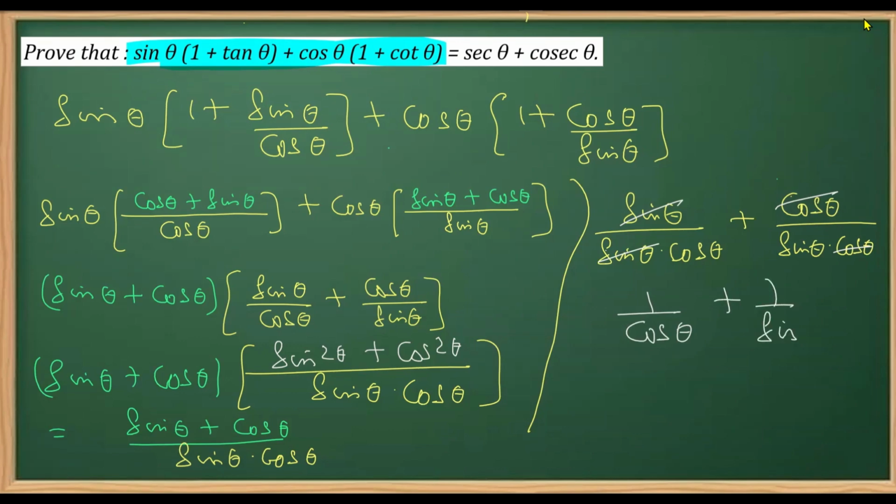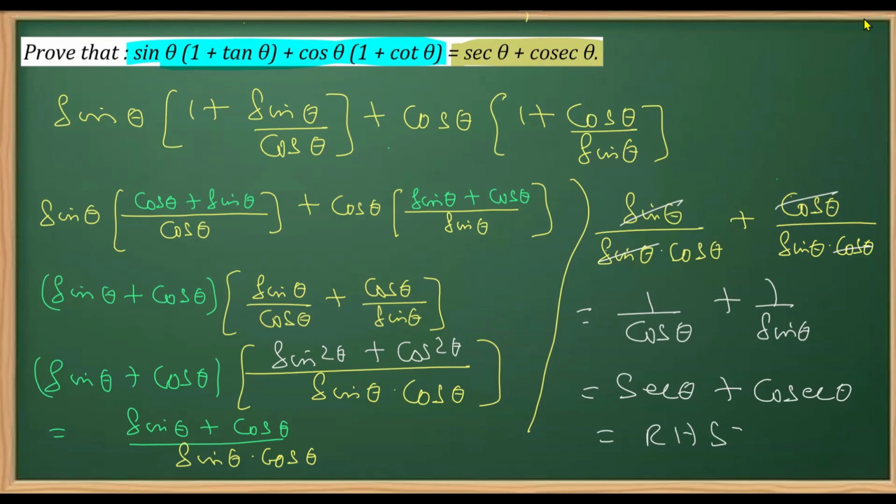Now this is a trick which you should keep in mind: after every one step, you must give one glance to the RHS. Our steps should be guided by what we have to prove. Now you can figure out that 1 over cos is sec theta, and 1 over sine is cosecant. So this is equal to the RHS.